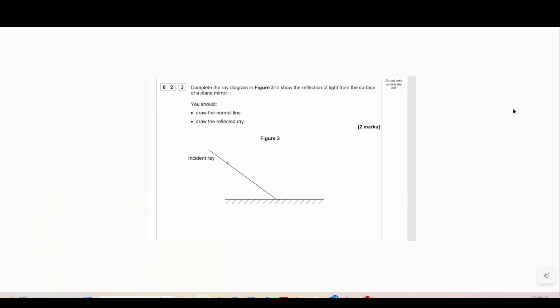So this is the normal. Suppose this is making 90-degree and this is going to be reflected.